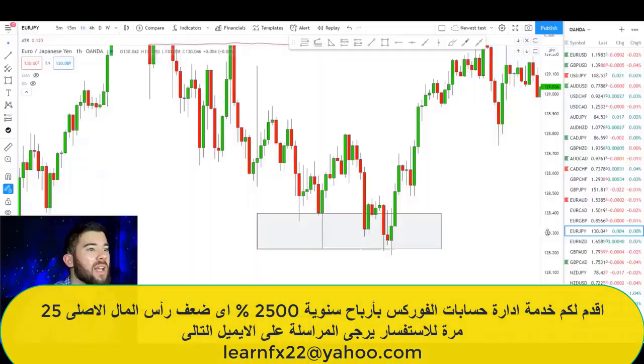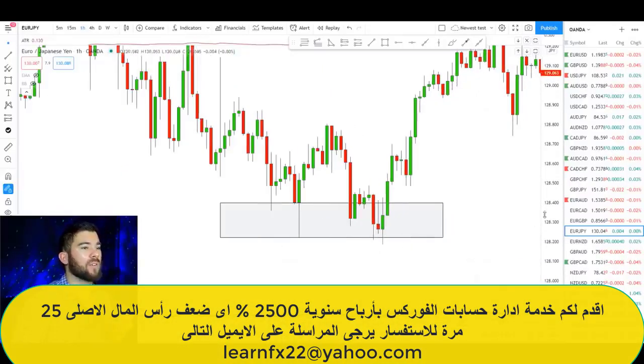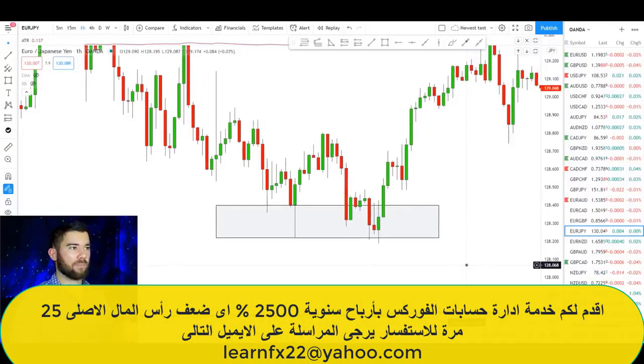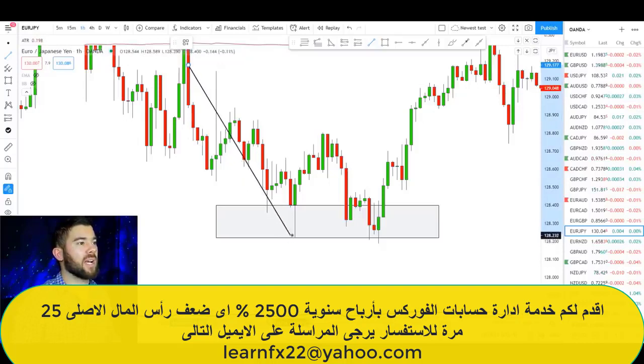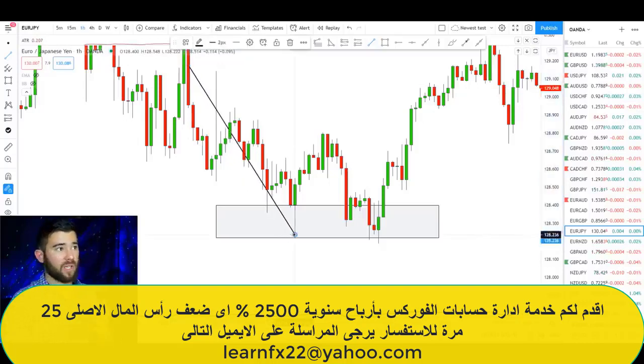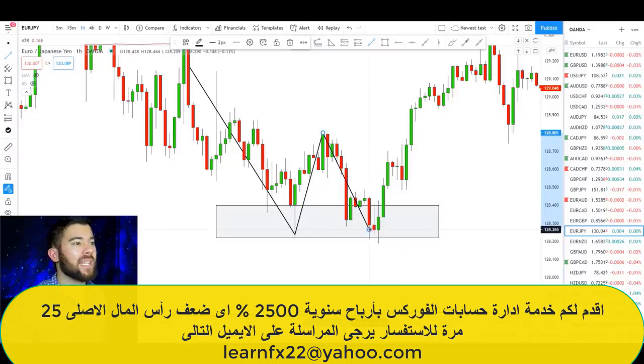For a double bottom, that's what we're looking at right now here on the euro yen. The way it looks on a chart is a market that comes down, creates a level of support, then bounces up to a level of resistance. But instead of continuing down in this downtrend, we come down, we retest this level of support, and we're supported yet again.